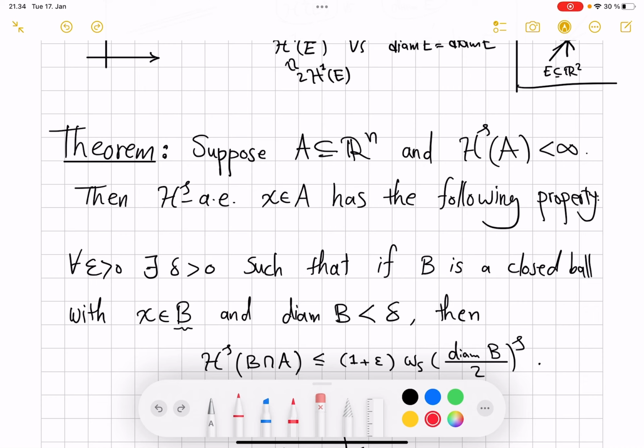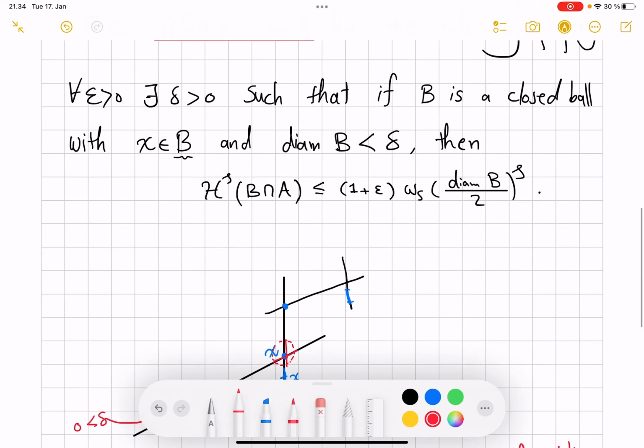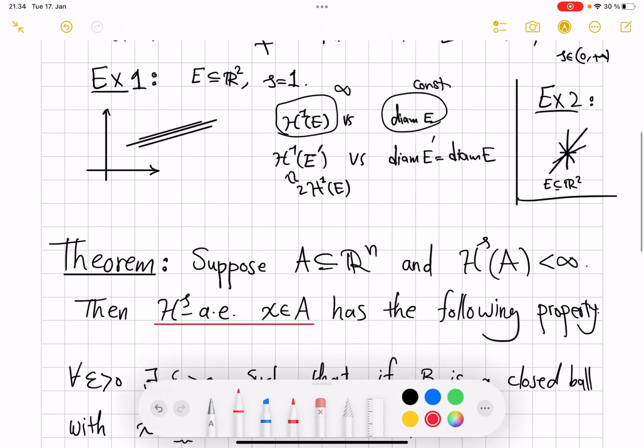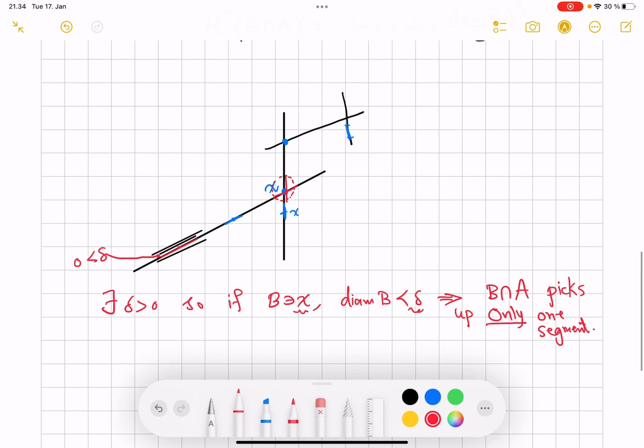That is why the theorem says it holds for H^s almost every point in x. Indirectly, if we believe in the theorem, this is saying that the set of points where this branching happens, all of such branching points, will constitute only a set of H^s measure 0.